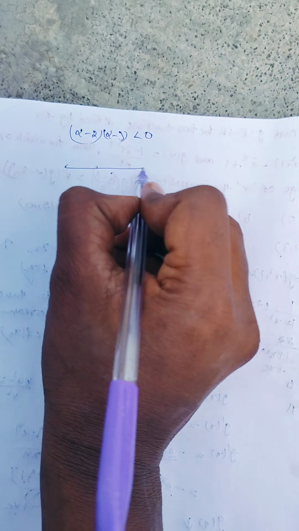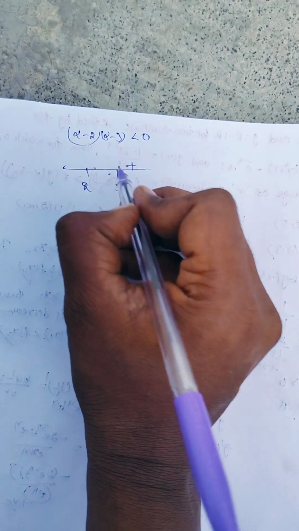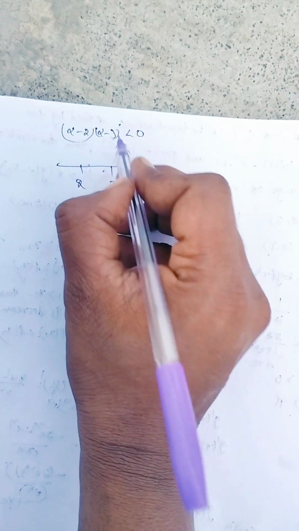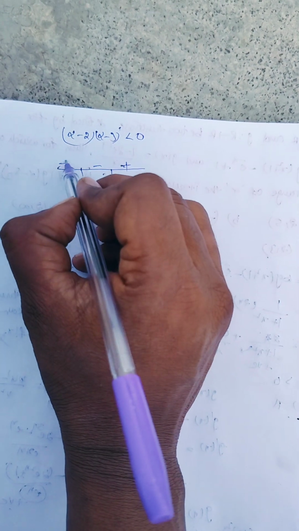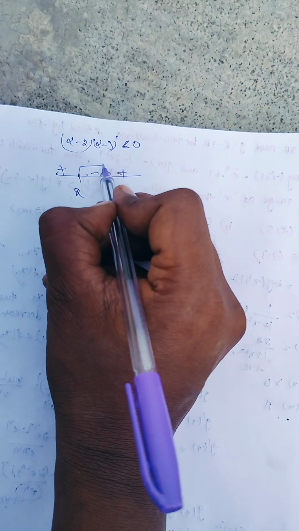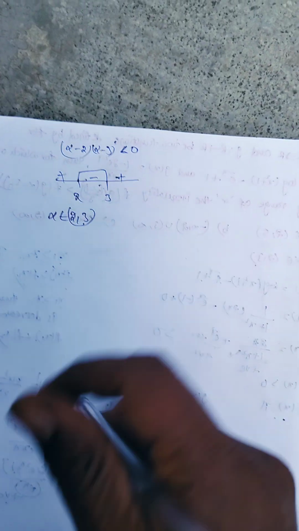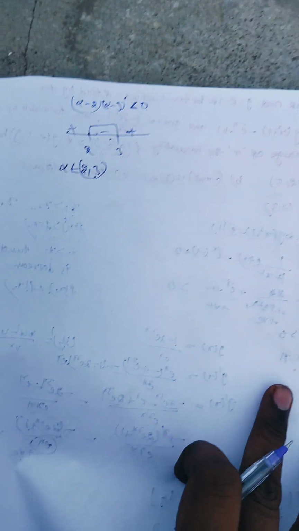Now we can take the Vevika method. 2, 3. Start with plus. Here, odd power means plus will be minus, minus will be plus. Now this is the negative region. We have to take the negative region, which means alpha belongs to the open interval 2 comma 3. In case, for example, the options are in a closed interval, we can take greater than or equal to. Okay, sorry.